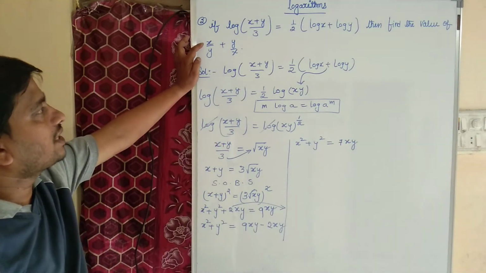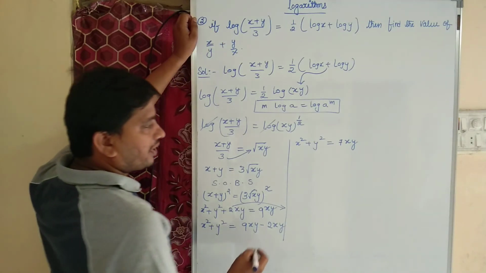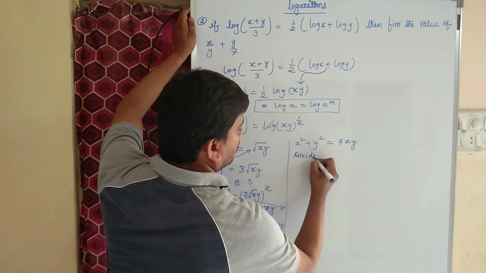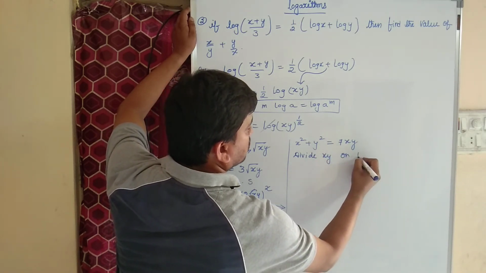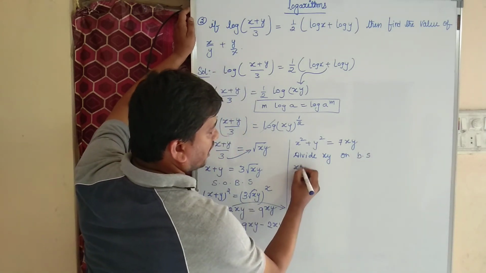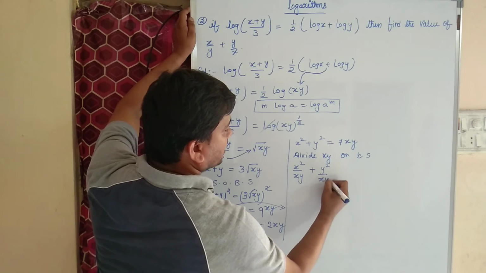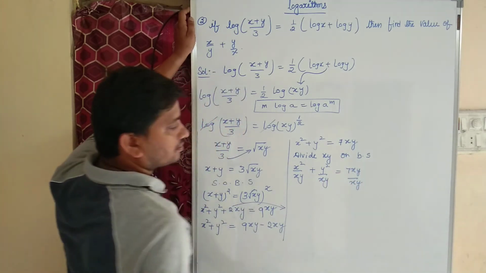Actually they are asking to find the value of x by y plus y by x. What we will do, let us divide xy on both sides, right? So x square by xy plus y square by xy equal to 7xy by xy.